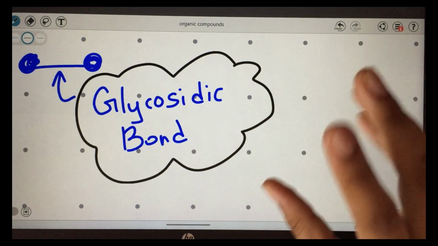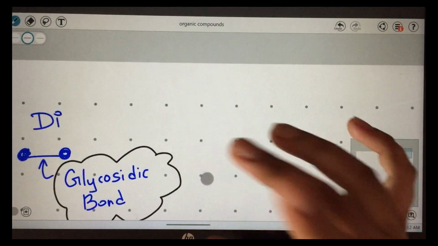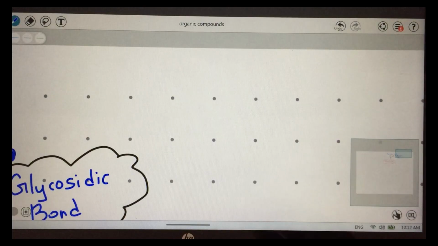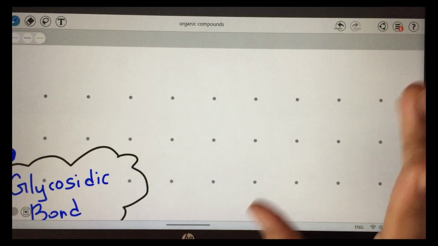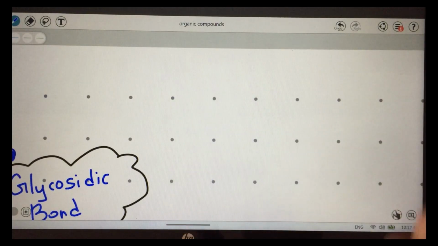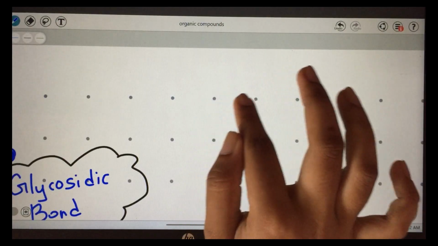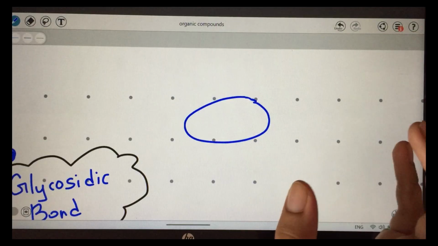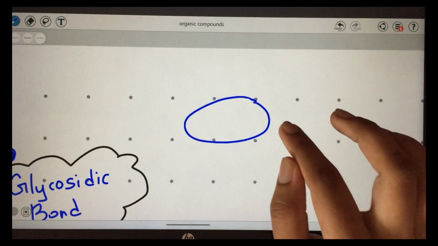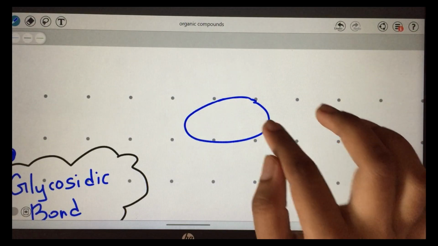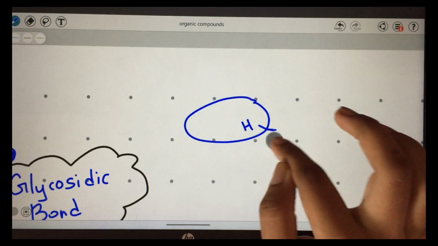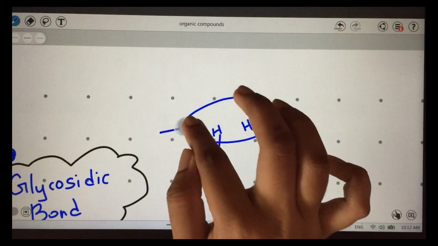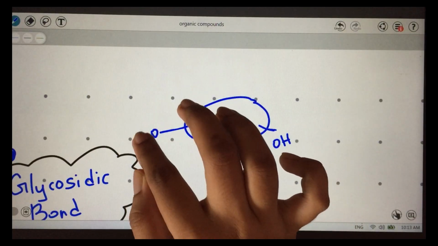This glycosidic bond, how is it formed? Now we'll go with an example. For example, there's a glucose molecule. I'll just draw a glucose molecule as an example. This is not how a glucose molecule actually looks. A glucose molecule has OH groups, and these are going to be there.